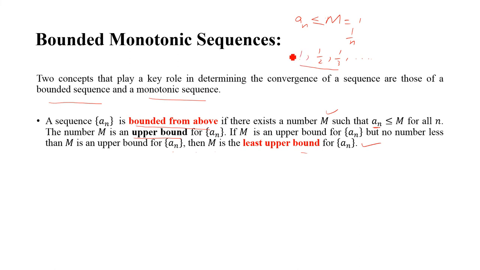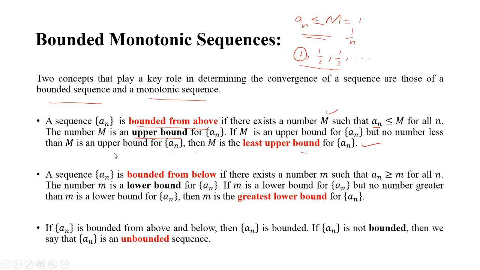But 2 is also an upper bound of the sequence because every term is less than 2 as well. 3 is also an upper bound, but we cannot find a number which is less than 1 and which satisfies this property. So this 1 is called the least upper bound for this sequence a_n.